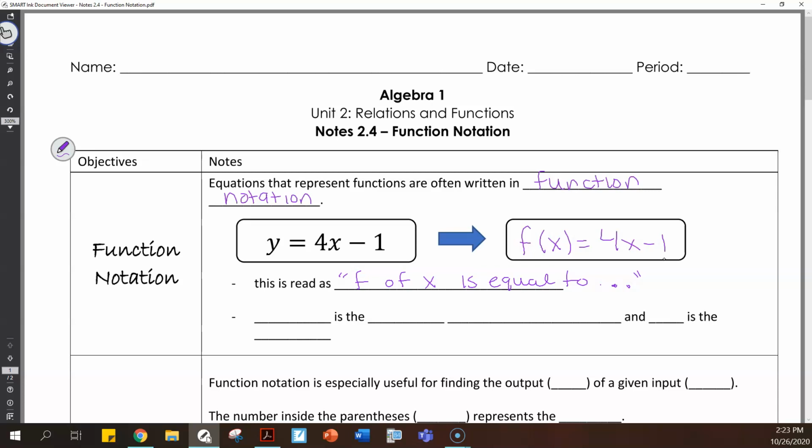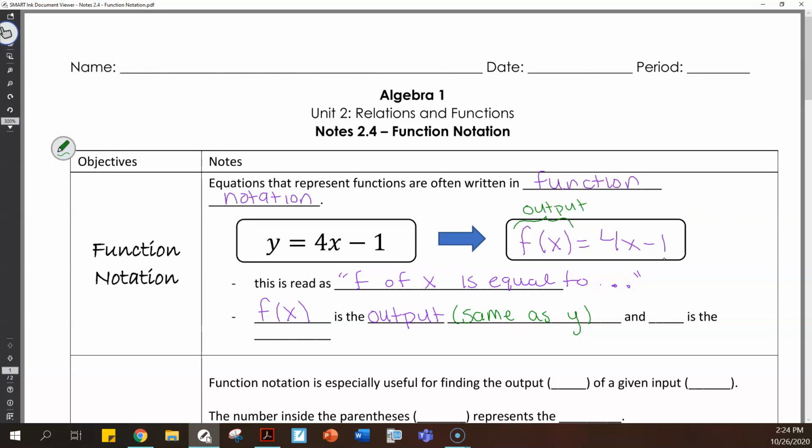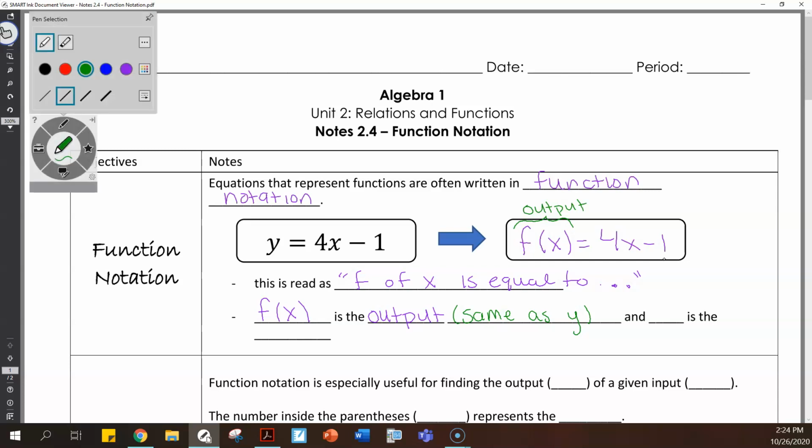So when I have it written in this notation, the f of x is the output value. Because it's the output value, that means that it's the same as the y. So this part right here is my output. In function notation, the x inside the parentheses here is my input value.